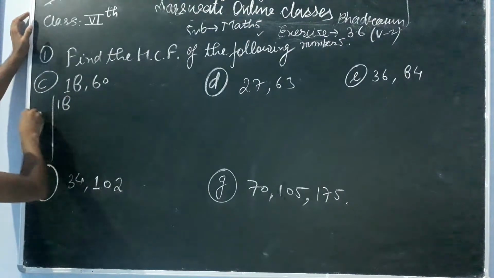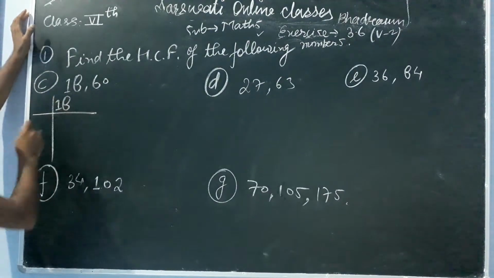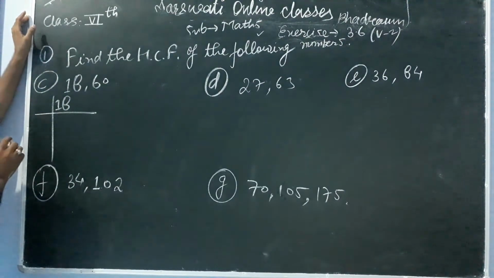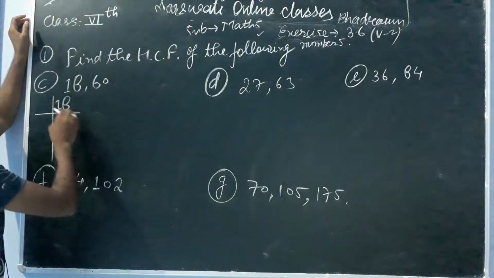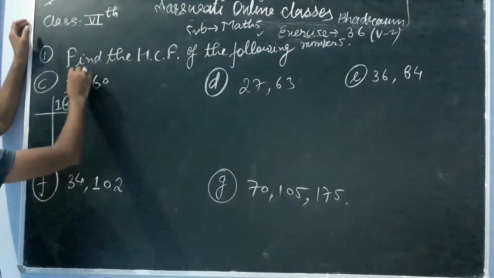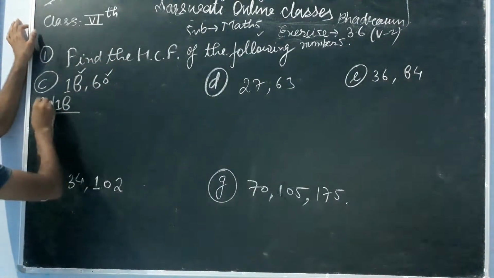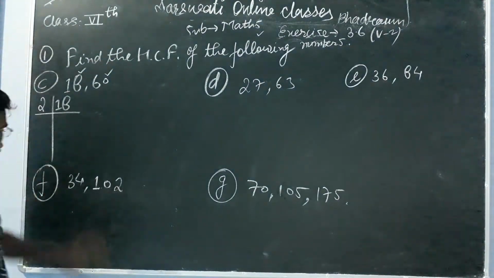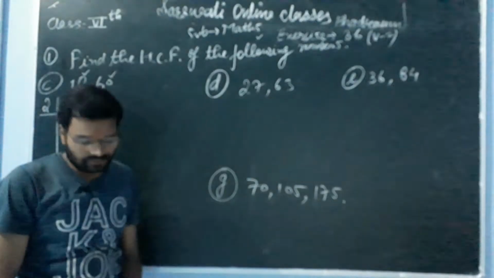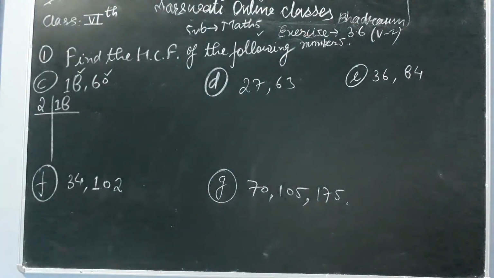First we will factorize our 18. Here the unit place digit is 8. As you know very well, the divisibility rule of 2: the numbers whose unit place digit is 0, 2, 4, 6, 8 are divisible by 2.